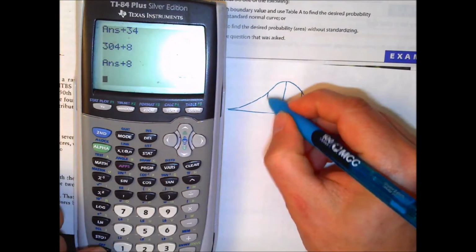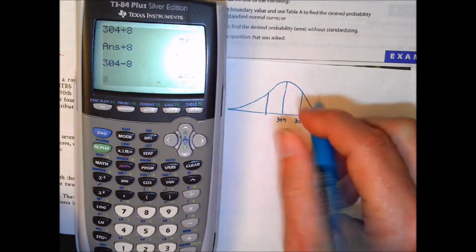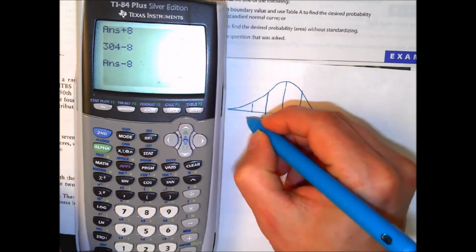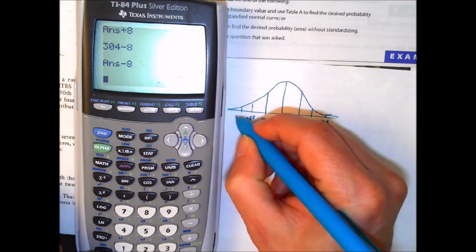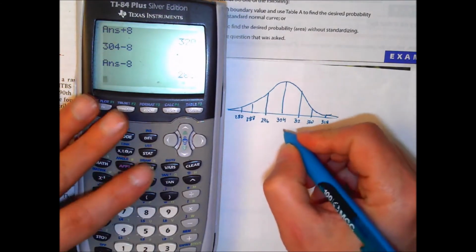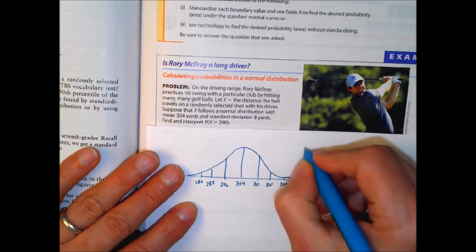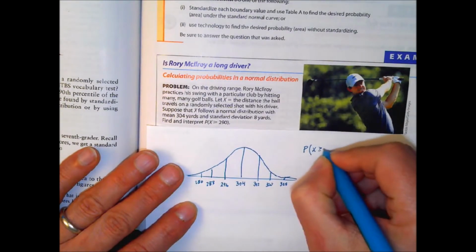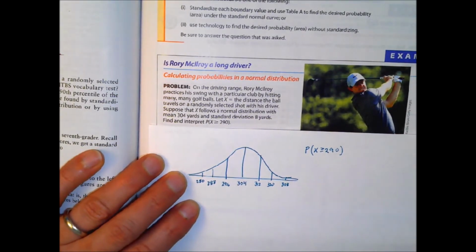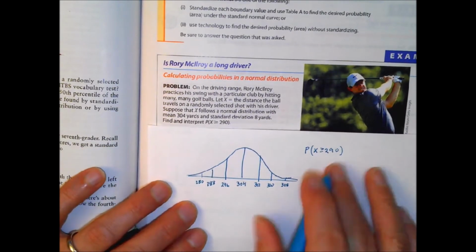Go the other direction, 304 minus 8 gives you 296, minus 8 more is 288, minus 8 more is 280. So we want to know the probability that X is greater than or equal to 290. So what's the probability that he's going to hit this golf ball 290 yards or more? There are two different ways of doing it.